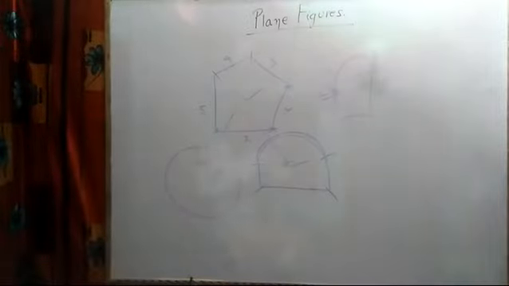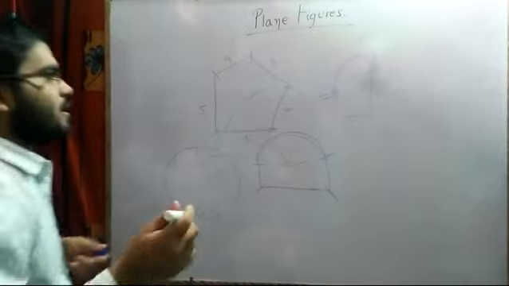A figure which is formed on a plane, comprising either line segments, or curved and line segments, or only curves, is said to be a plane figure. A closed plane figure is one in which the starting and ending point are the same.